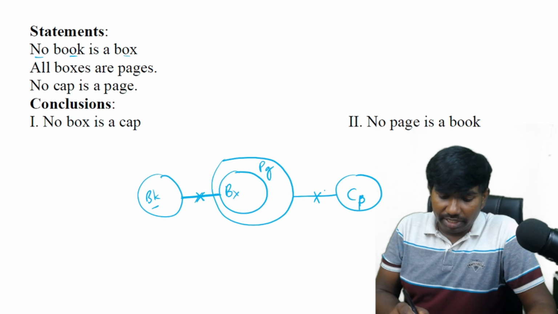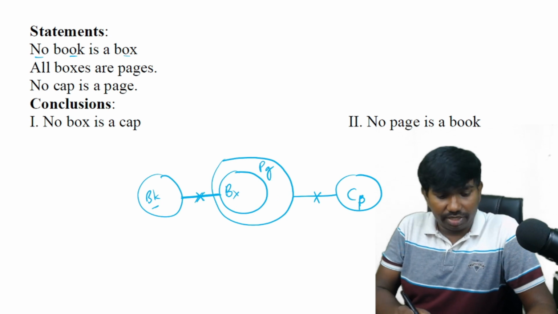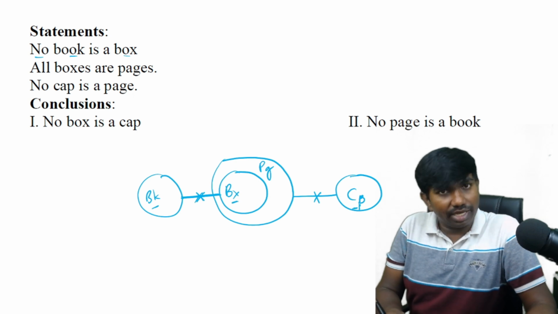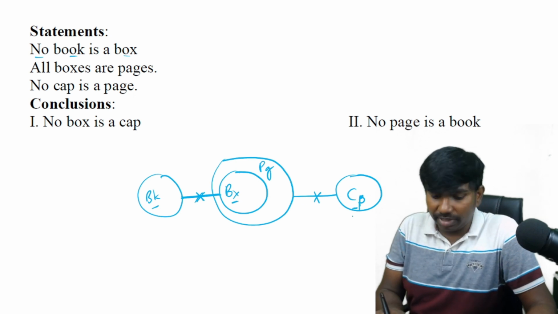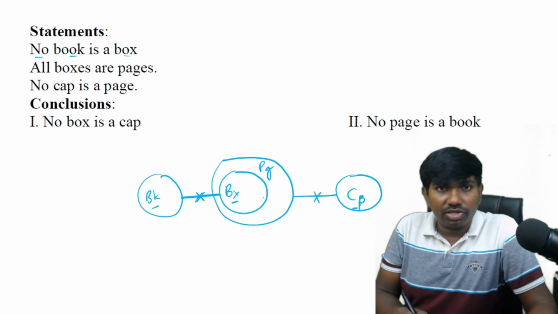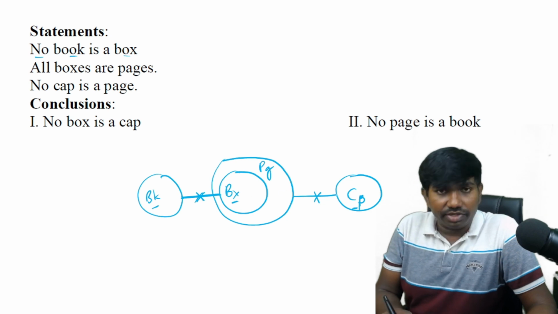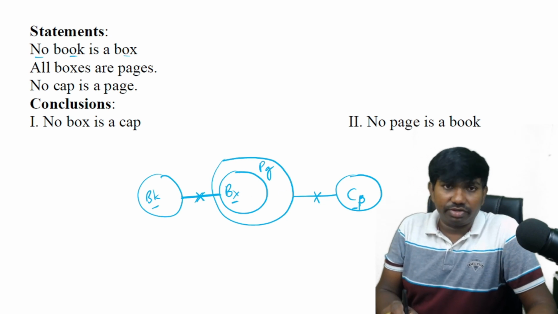A possibility is not there, but permission is there. As per the statements, there is no direct constraint between box and cap. They can intersect if possible. But here the possibility is not there, because cap cannot go inside of box and box cannot come outside of page. So cap and box can never intersect.